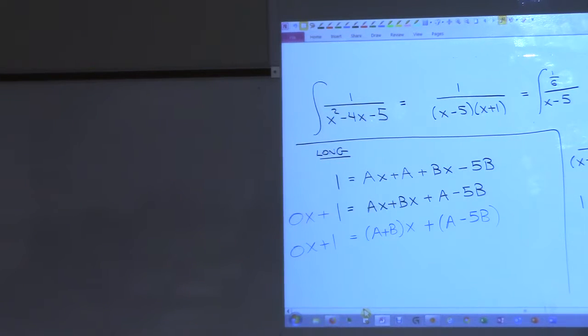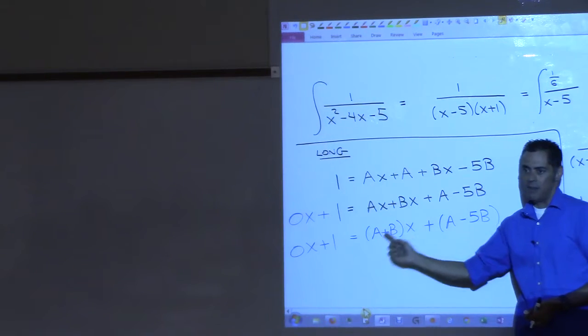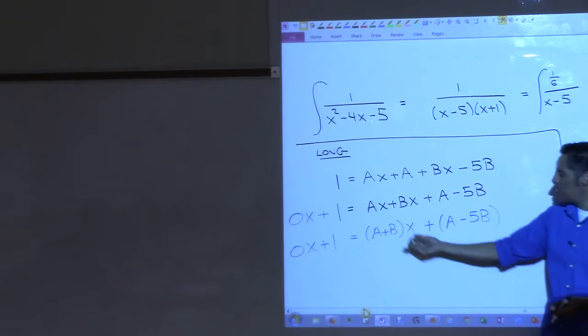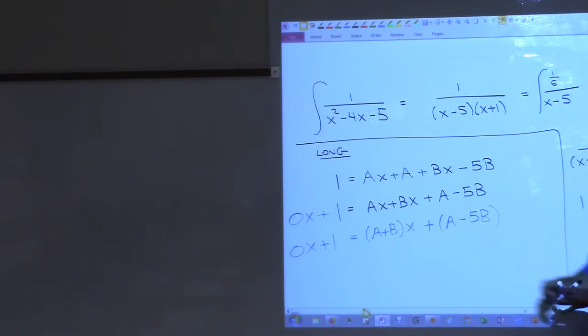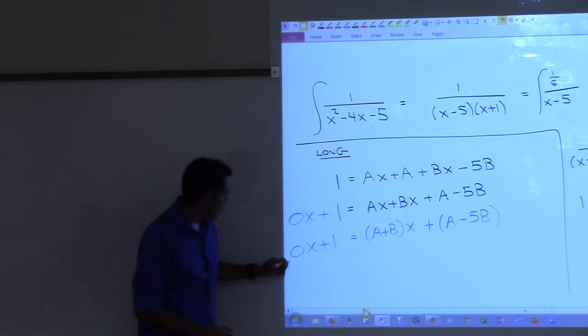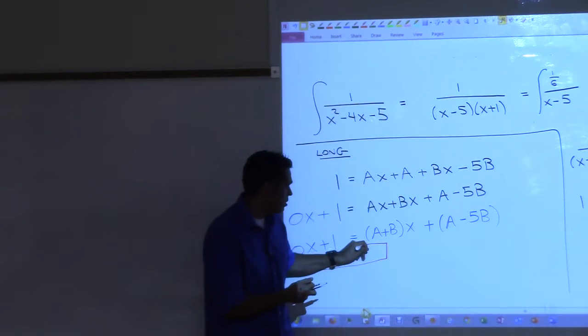So all I did there was I factored an x out of these, right? But I factored out the back side instead of out the front side, which is fine, right? We normally factor it out the front, but I factored out the back for a reason. And I just put these two in parentheses. What I'm trying to get you to see is that if this left and right hand sides have to be the same, then the coefficient in front of x here must match the coefficient in front of x here, right?